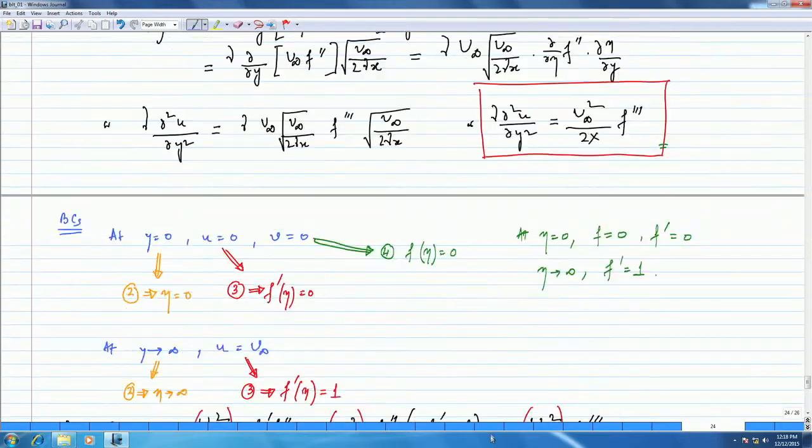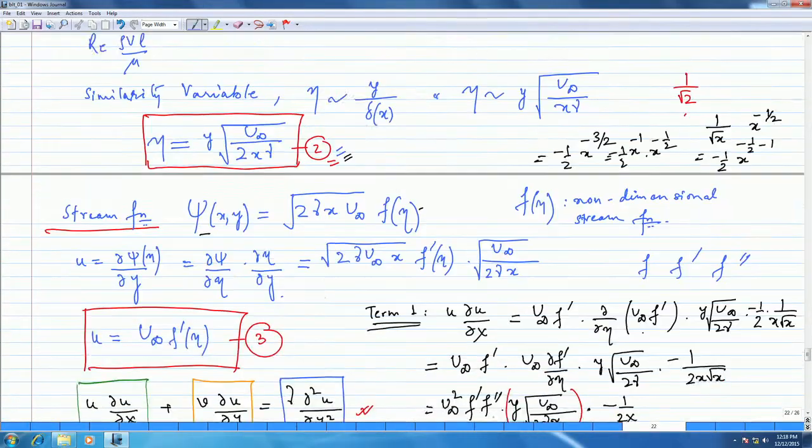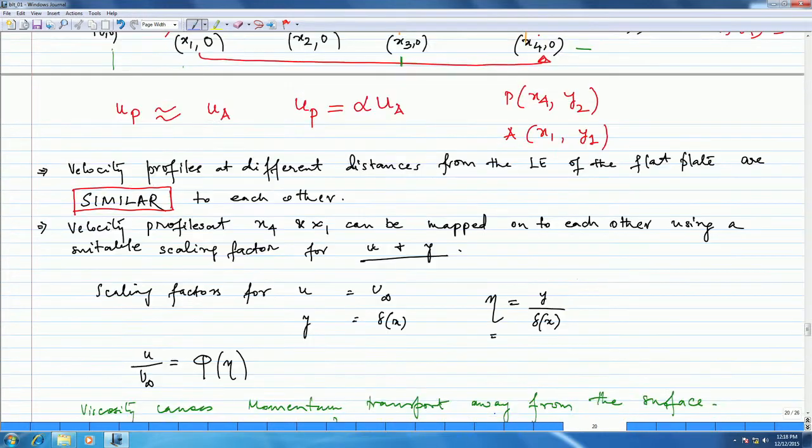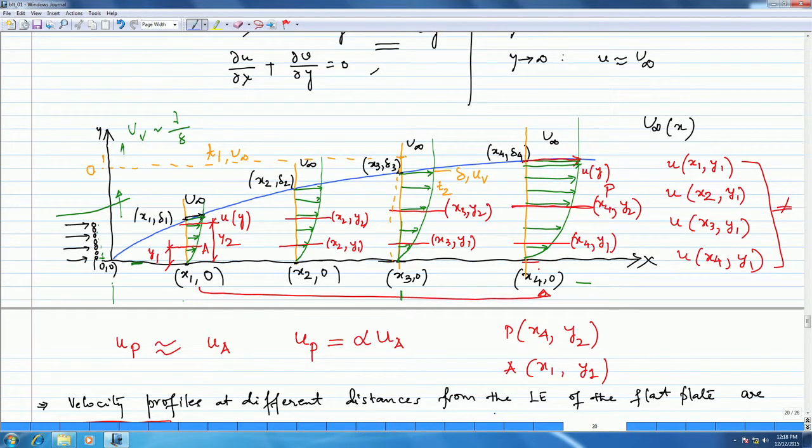So we went further, and again we used the concept of similarity in the boundary layer, where we said that the flow at, say, location x1, multiplied by a certain scaling factor, represents exactly the flow at x equal to x4. So basically we said the flow is similar.